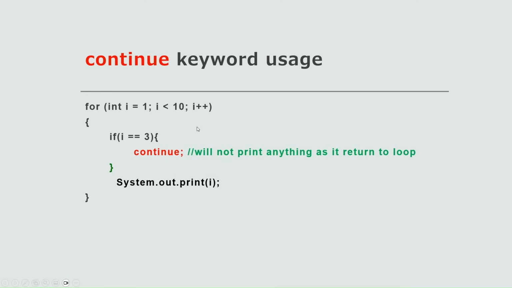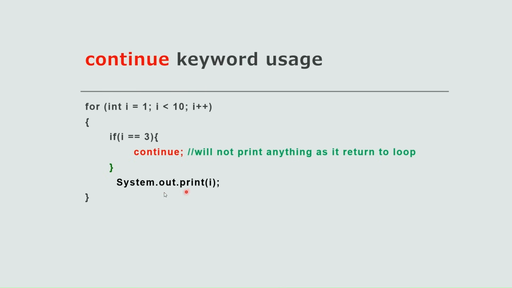All right. Continue keyword usage. We have the same case as previously, but we put continue instead of break. Now in this case, when i equals 3, the continue will execute. Any code after the if statement will not be executed, and the code will return to the loop, increment the counter, and then check again that i is less than 10.